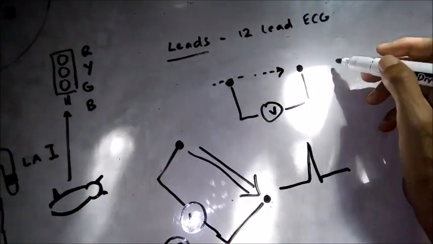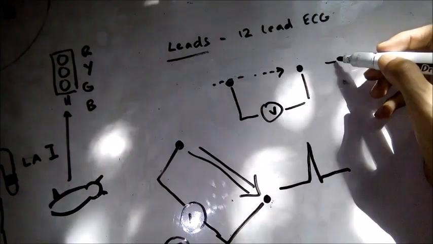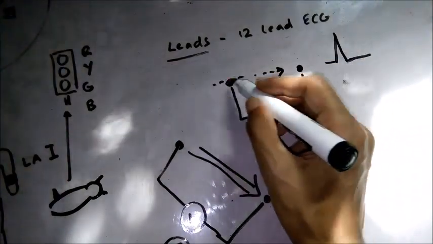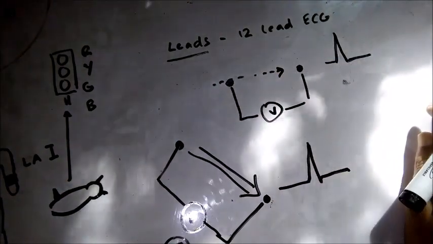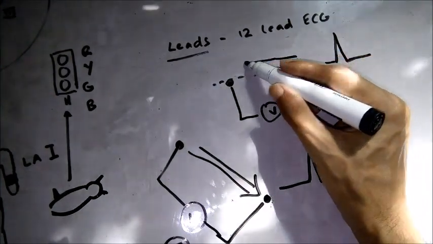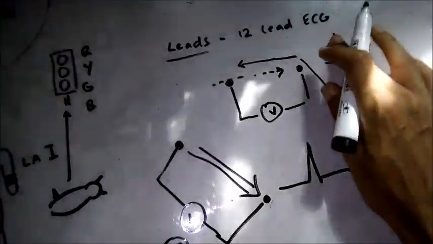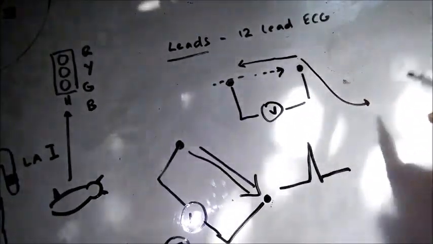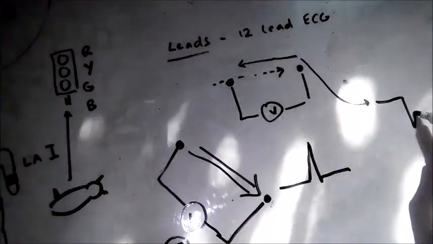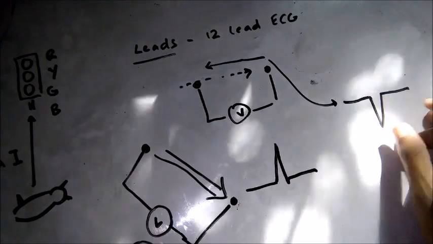So what will happen is that on the ECG, you will see a positive deflection if the electrical activity is going like this, right? If the electrical activity actually starts to go in the opposite direction, in this direction, then what you will actually see is, you won't see this, but you will see the opposite. You will see something of this nature. It will be negative.